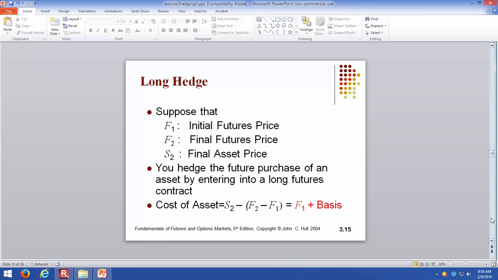Okay, so in this example, let's look at the case where the initial futures price is F1, the final futures price is F2, the final asset price is S2, and you hedge the future purchase of an asset by entering into a long futures contract.